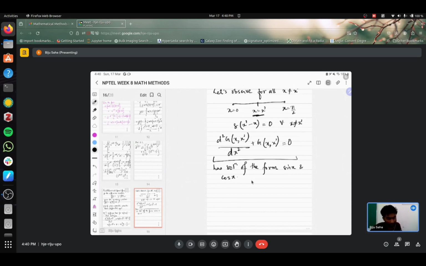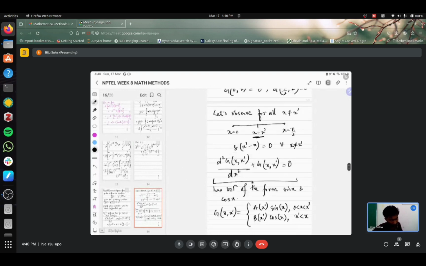In order that our boundary conditions are also satisfied, we choose our Green's function as follows. For values of x in the lower range, I have chosen sin x because at x equal to 0, that would give me g equal to 0.